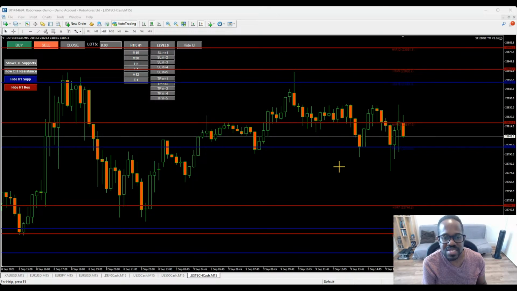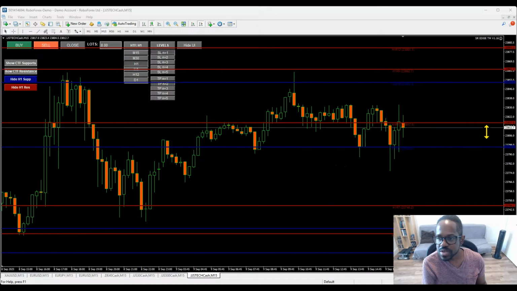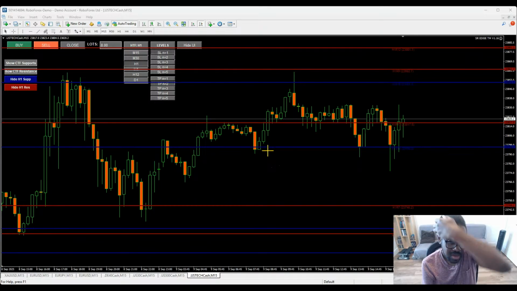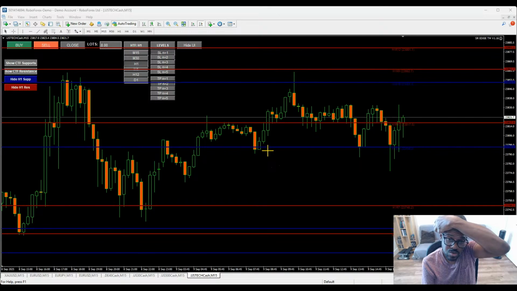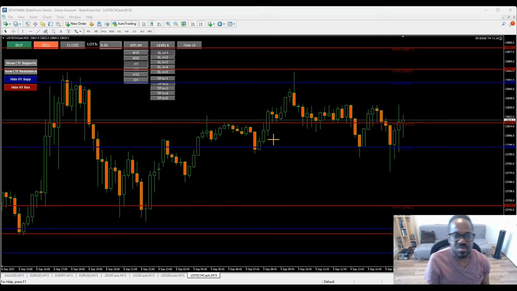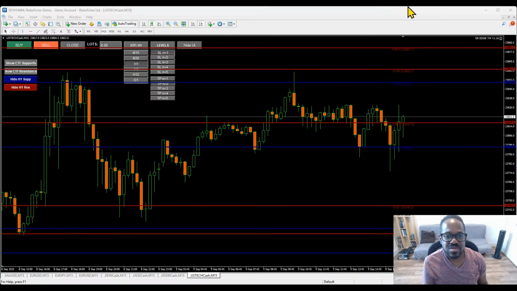So right now, NASDAQ is hesitating a little bit, but it should be going eventually down. That's what I'm expecting. So two possibilities: the price will go up and then start to reverse to the downside.